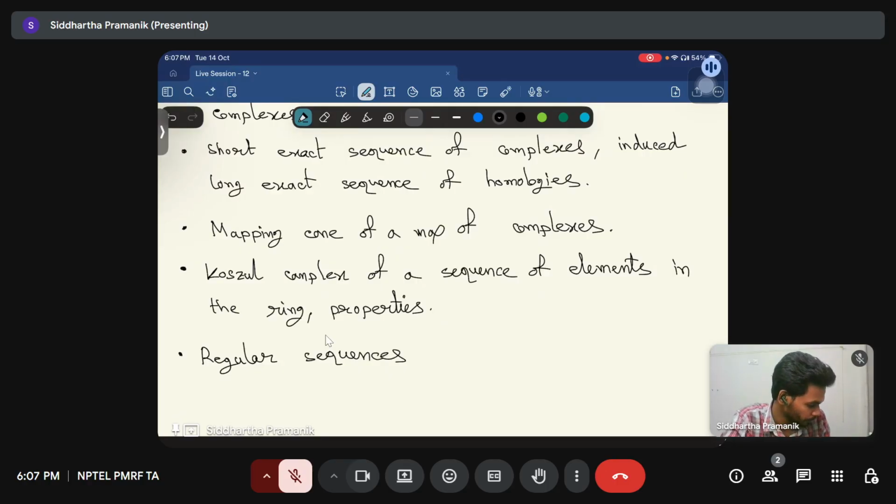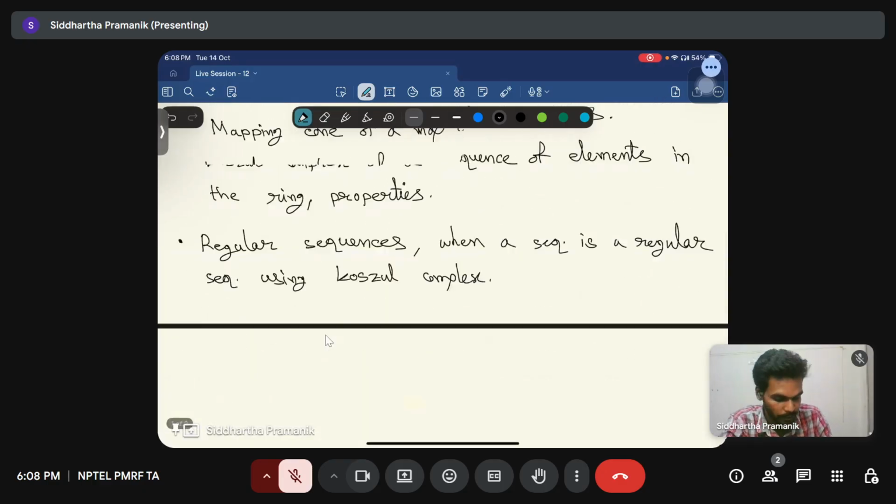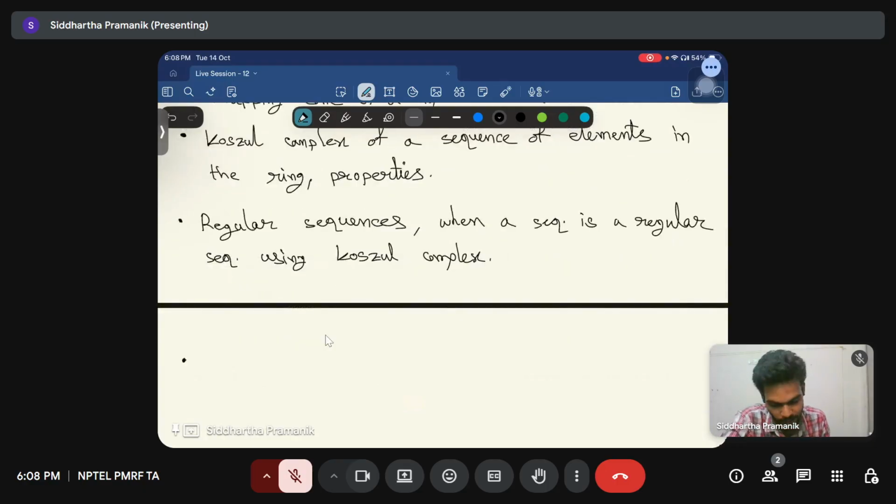Then, when a sequence is a regular sequence using the Koszul complex, and the more general part is when the Koszul complex gives a minimal free resolution.